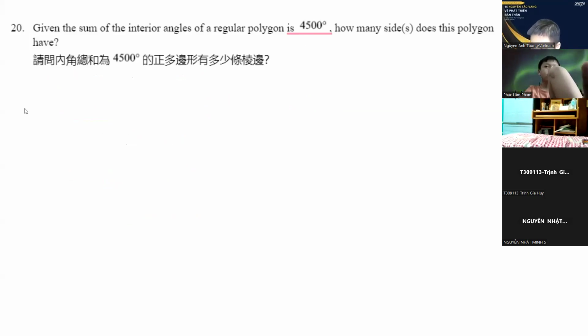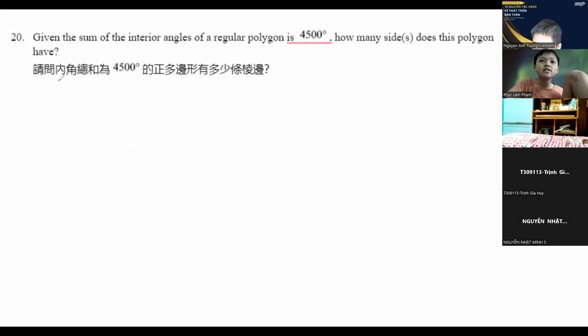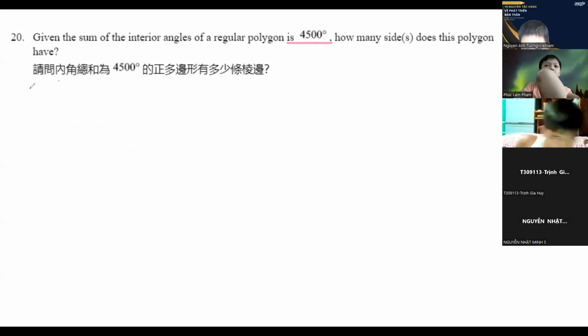So number 20, given the sum of the interior angles of a regular polygon is 4,500 degrees, how many sides does this polygon have? Okay, so for this problem, a lot of geometry is going to involve formulas that we have to familiarize.